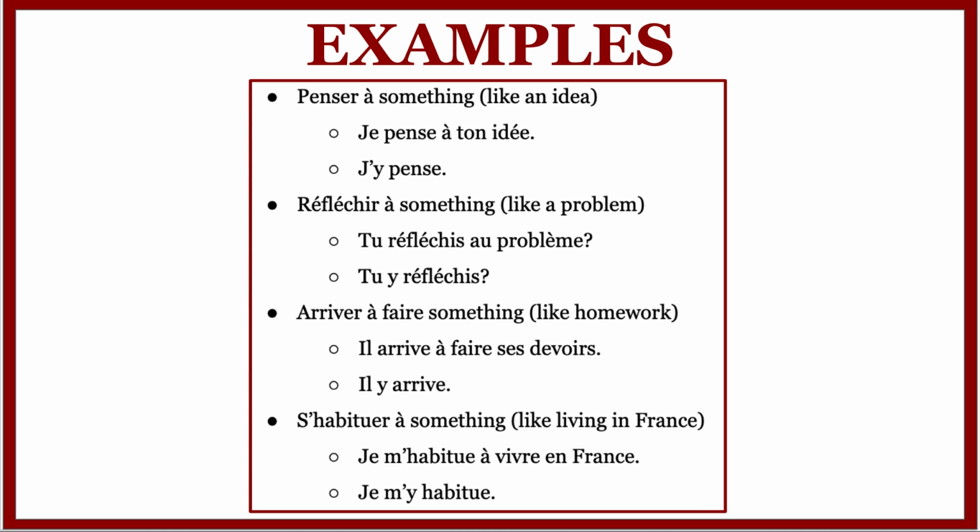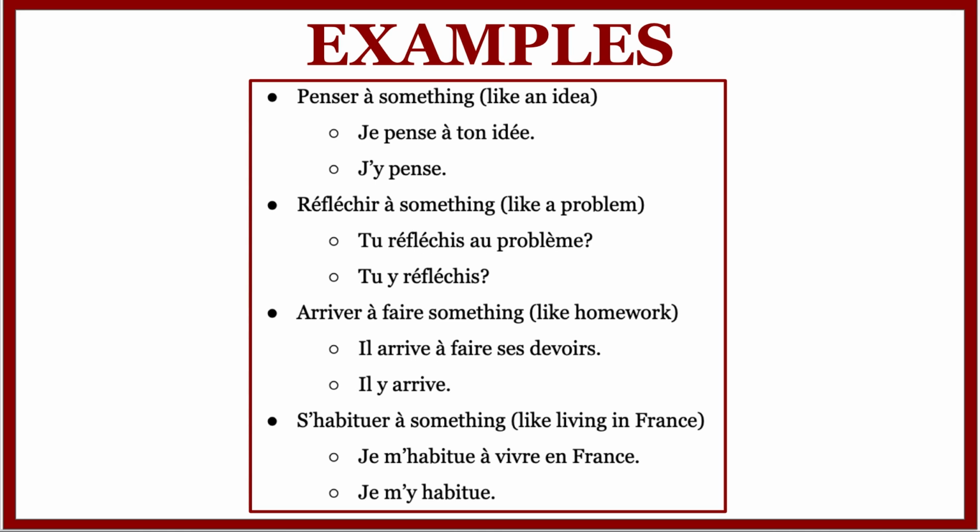When you're thinking about something, like an idea, you use penser à, all right? When you are thinking about something, you can also use the verb réfléchir, which is also followed by à, all right? Let's just look at those two for a minute. Je pense à ton idée.